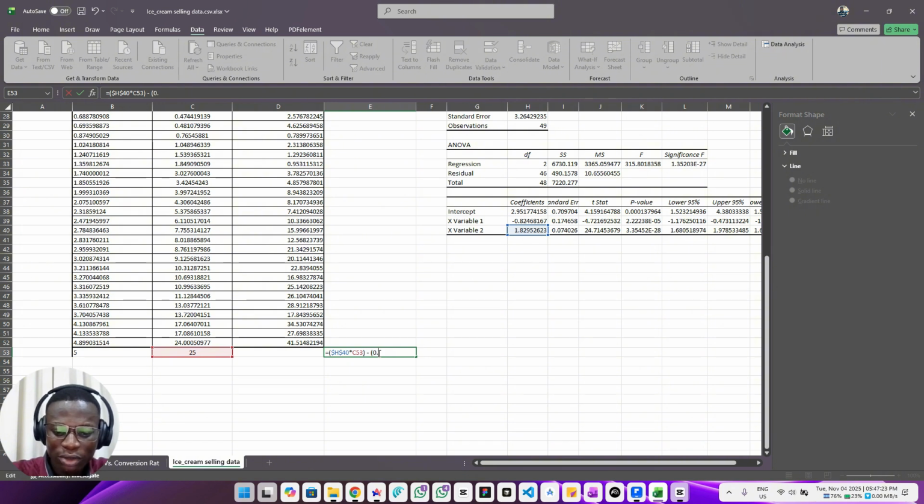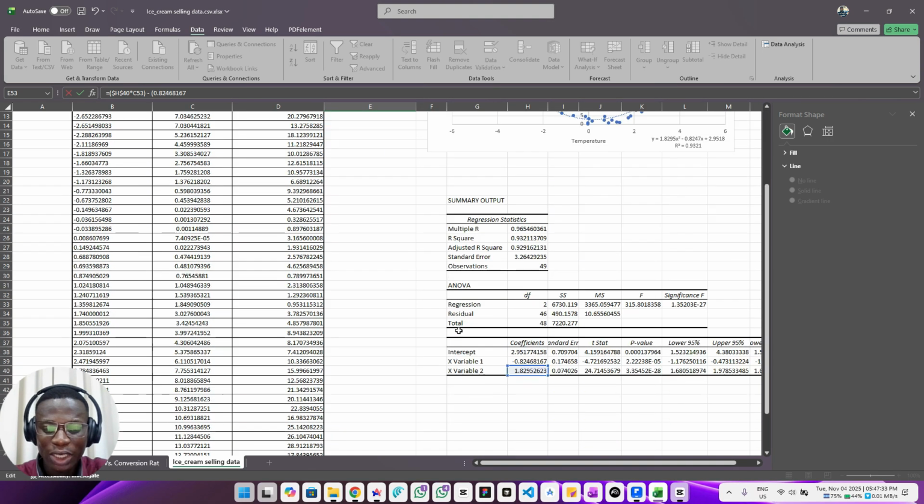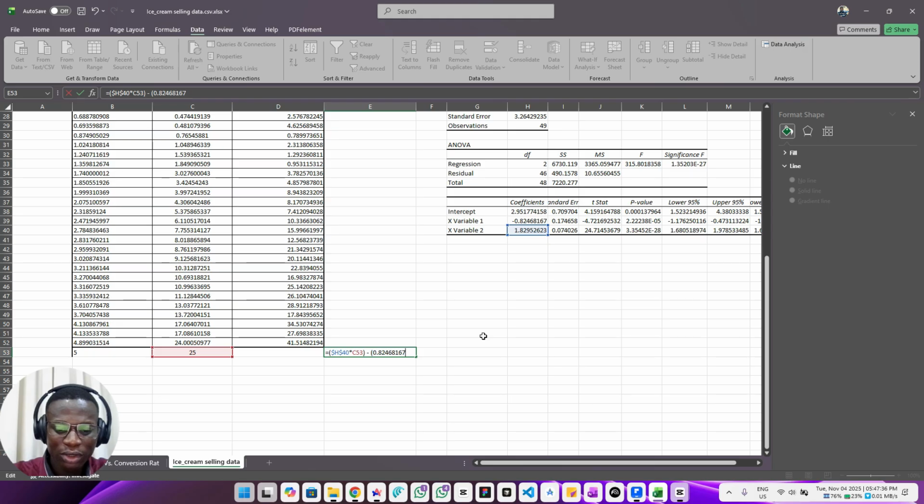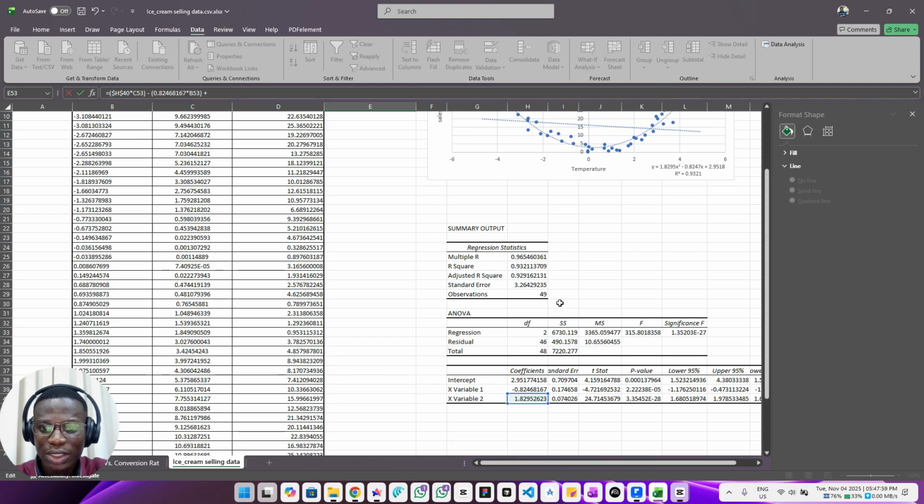So 0.82468 times R1, or X1, plus our intercept, right?